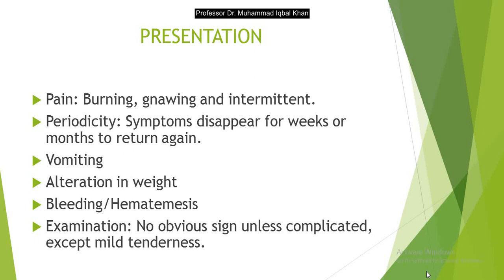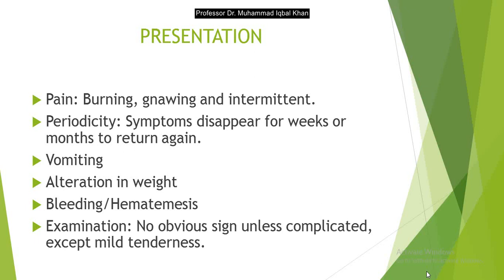Now the vomiting. Vomiting will be more in cases of duodenal ulcer, in about 60% of cases, and less in gastric ulcer, about 40% of cases. Obviously, vomiting relieves the pain in the case of gastric ulcer.